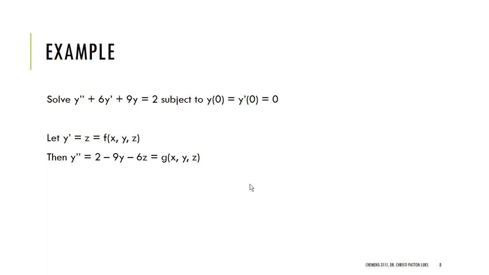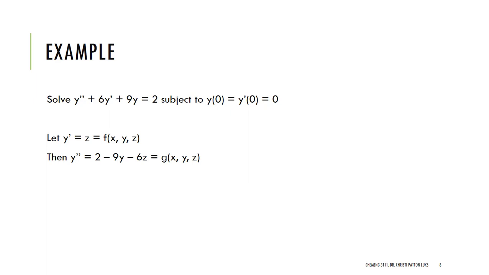And then my second equation says that y prime prime, which is z prime, is 2 minus 9y minus 6z. So the derivative of z is 2 minus 9y minus 6z. And that's going to be our second function, g.